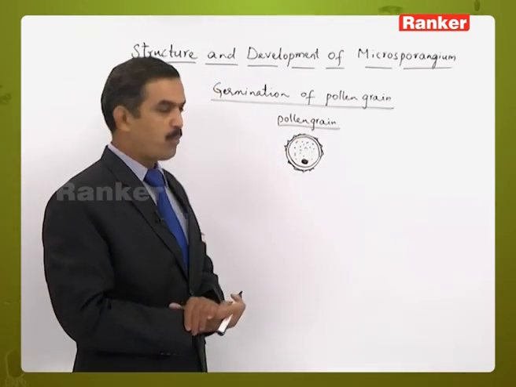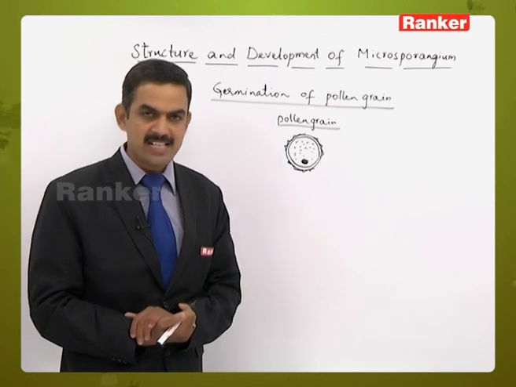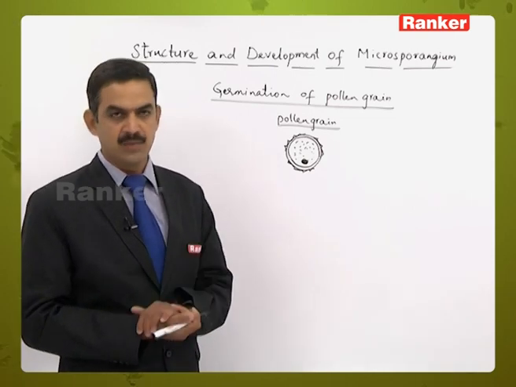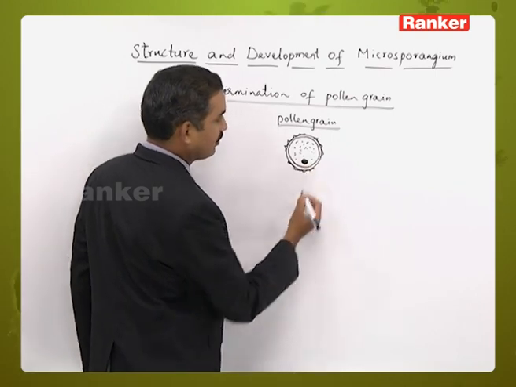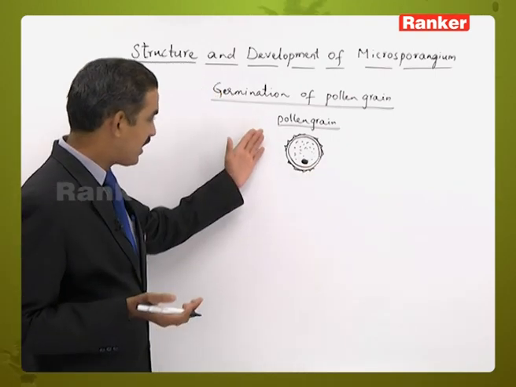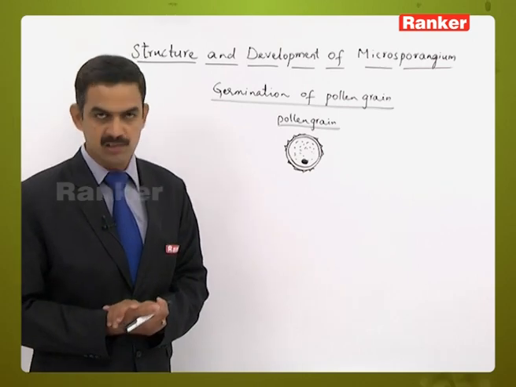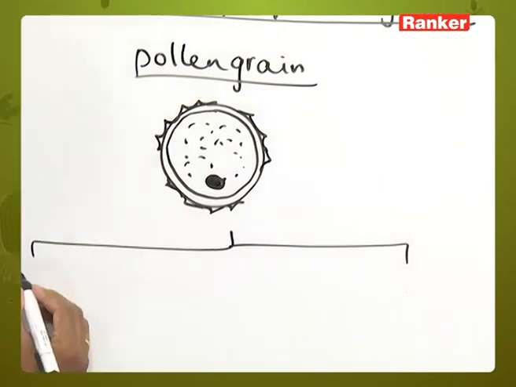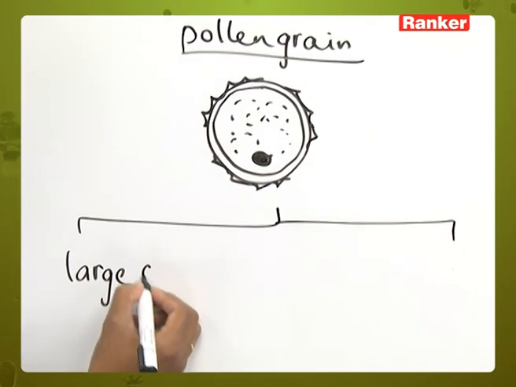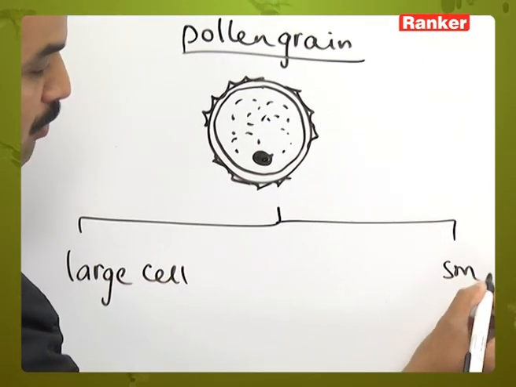The division of the pollen grain will start when the pollen grain is present inside the anther, and in this process first the pollen grain will divide to form two unequal cells. One, a large cell will be formed and the other will be a small cell.